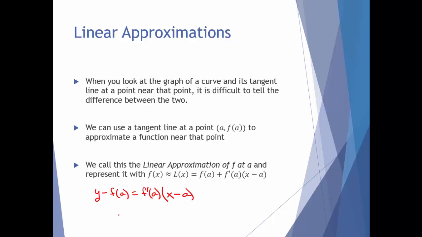Now if you solve this for y, you just add the f(a) over, and we'll happen to write that first: f(a) plus f'(a) times (x minus a). That's exactly what they have here. So this linear approximation, or linearization, is the equation of the tangent line. The notation just looks a little bit different.